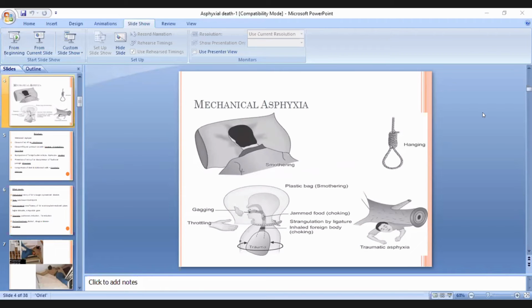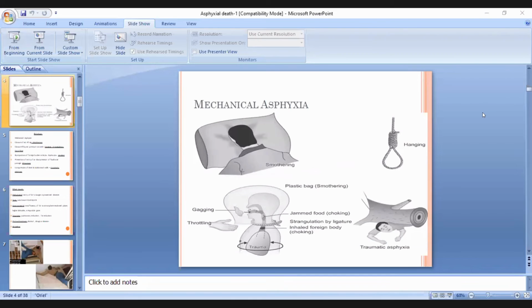Okay, so what is hanging? You have to know types of hanging, causes of death in hanging, the mechanism of hanging. In hanging also you have different types, different causes of death. So it depends upon various things like what was the type of hanging, whether it was complete hanging or partial hanging, what was the type of the ligature material used.